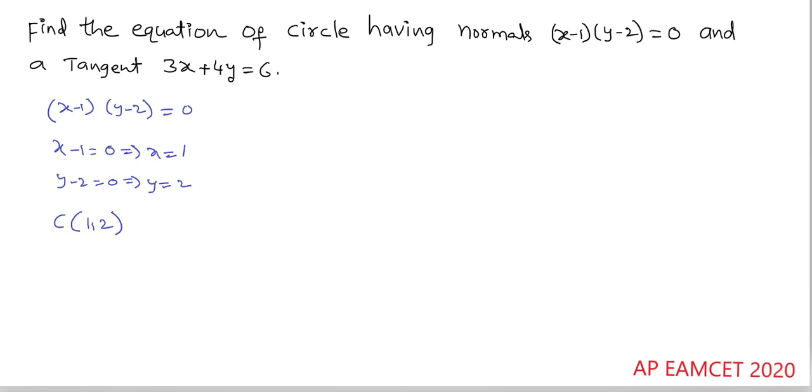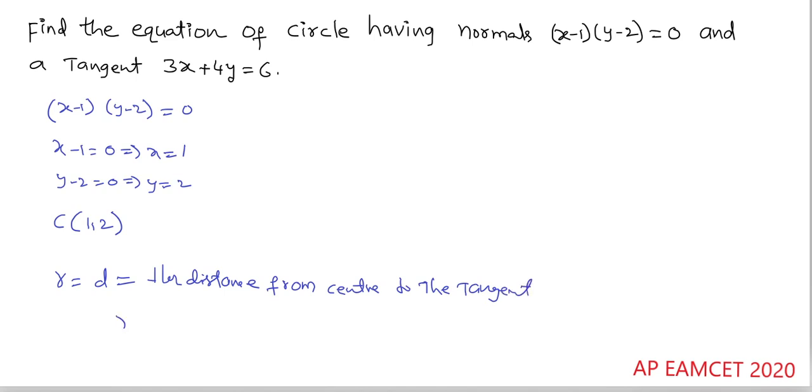Here is given 3x plus 4y is equal to 6 is a tangent. That means R is equal to D. Here D is the perpendicular distance from center to the tangent.